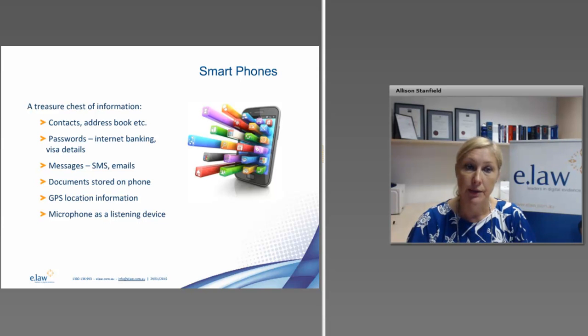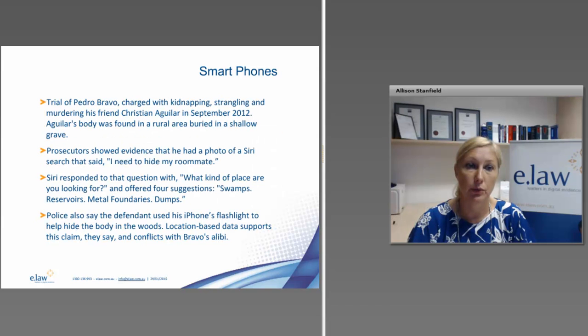GPS tracking and so on is available, and again, that would be most likely in family court or criminal matters. These examples we have here are more for the criminal type matters, which I won't spend too much time on, but if anybody's interested in practices in criminal law and they need it, please let me know and I can provide further information.